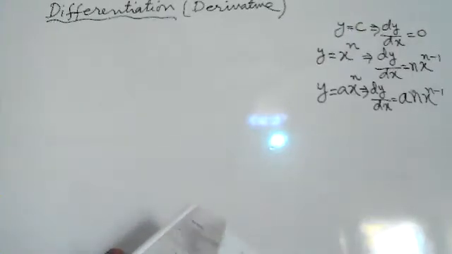Differentiate each of the following, giving your answer with positive indices only. Very simple questions. Exercise 6.1.